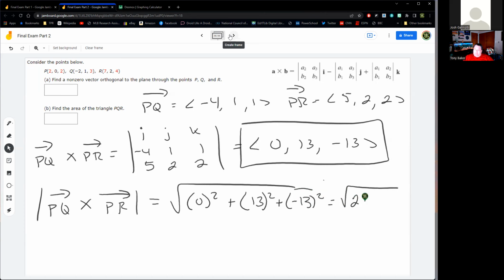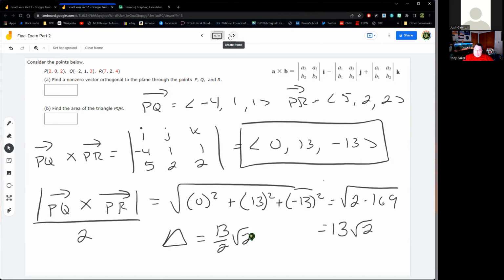I just want this because I'm going to break it up anyway. The square root of 169 is 13, so it's 13 square root of 2. That's the parallelogram, and a triangle would be exactly half of that. So we're going to divide by 2. So my triangle is 13 over 2 square root of 2. That's the area of the triangle.